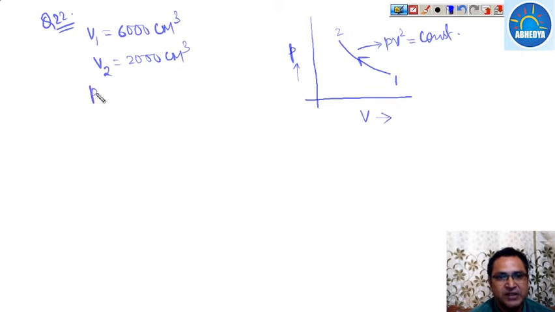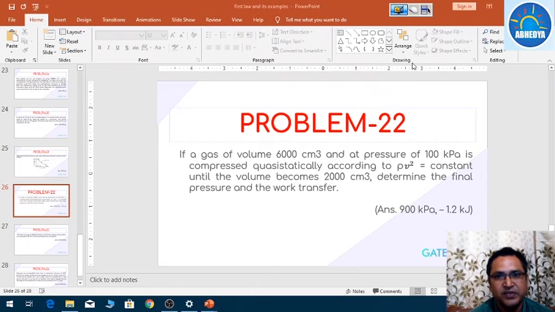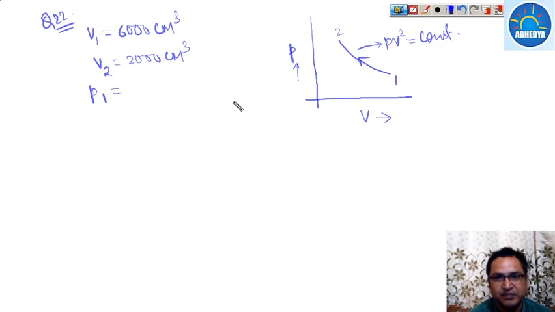Initial pressure is given, and what is the value of initial pressure? 100 kilopascal. So we have to find out the final pressure and what is the work done.